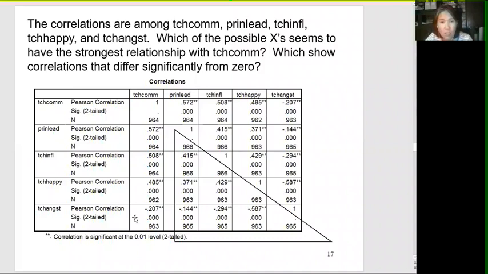Here, look at this. Teacher anxious and teacher happiness. This is very, very high, higher than 0.5. Okay. Negative or positive, it doesn't matter. The magnitude, the absolute value, is important. If this is too big, this means you should choose one for your model.